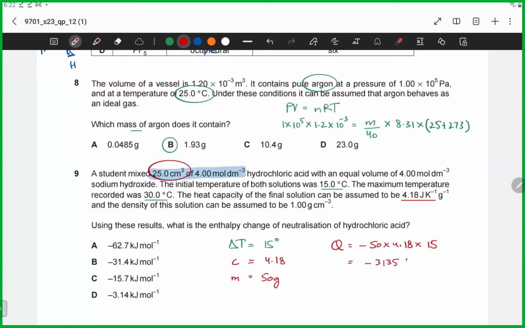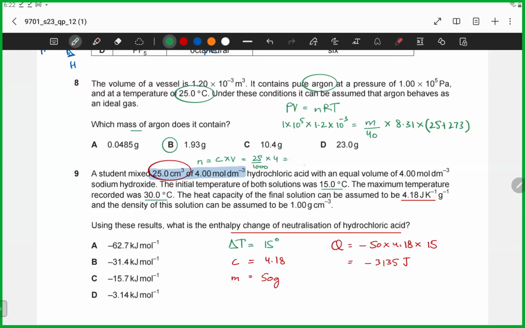And remember, this is in joules, okay? Now they've asked, what is the enthalpy change of neutralization of HCl? So that is supposed to be for 1 mole. We did this for how many moles? Concentration times volume, so it's 25 divided by 1000 times 4, how much is that?